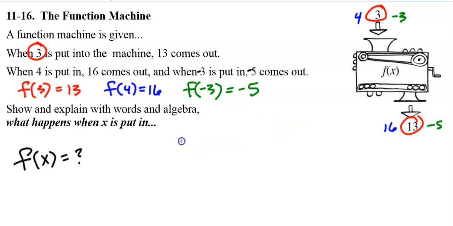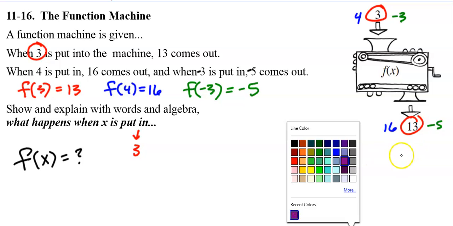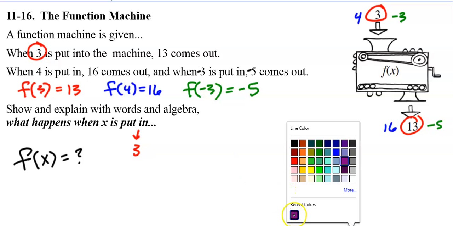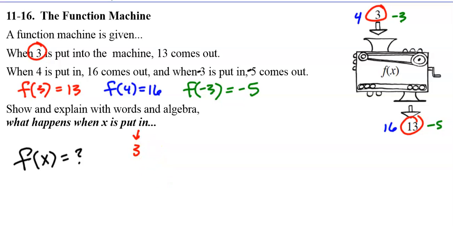We can kind of figure that out if we look at what our first input is. If our first input is 3, we do some math that gets us really close to 13. So let's see what we can do that gets us close to 13. Some things we can do is multiplication, so I'm going to do some multiplication first. I'm going to go times 4 first, just as a guess.